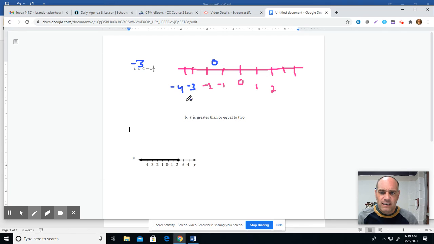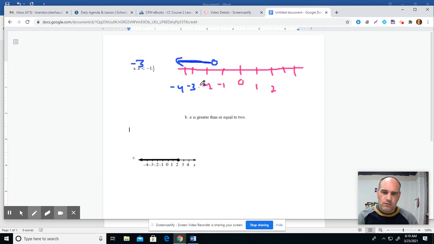Here's my -1.5, here's my -3, and the numbers to the right are always larger. So this is true. When I graph this, that tells me I'm going to shade left and put an arrow on it. Every single number to the left of -1.5 makes this a true statement, because there's an infinite number of possibilities.